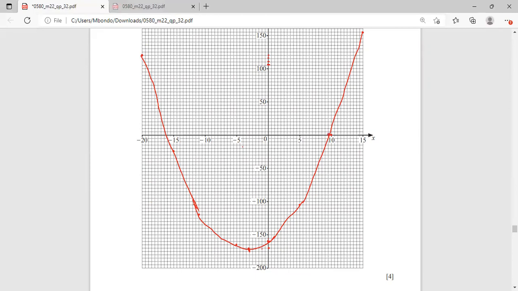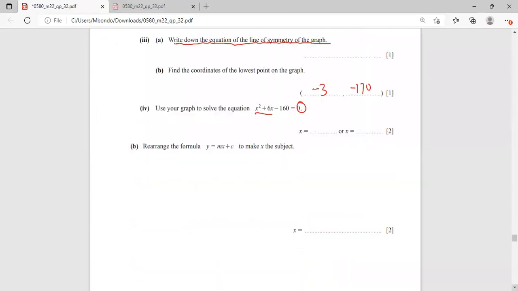At this point, that is one of them. The second one is at this point here. So it's like we have -16 and 10.